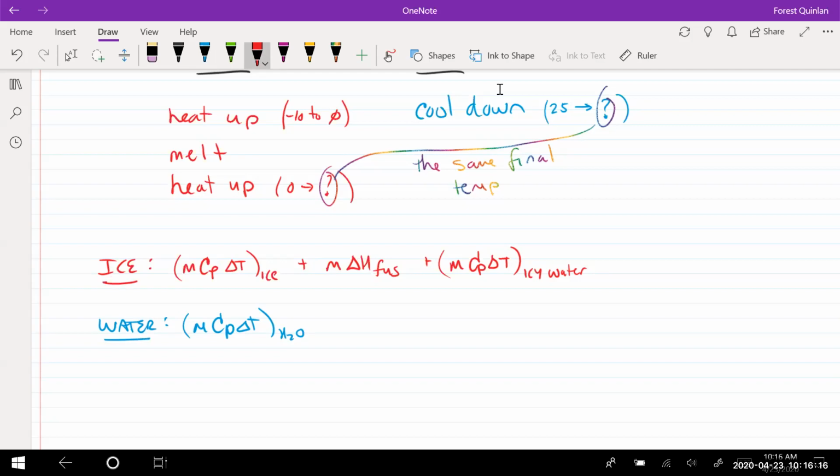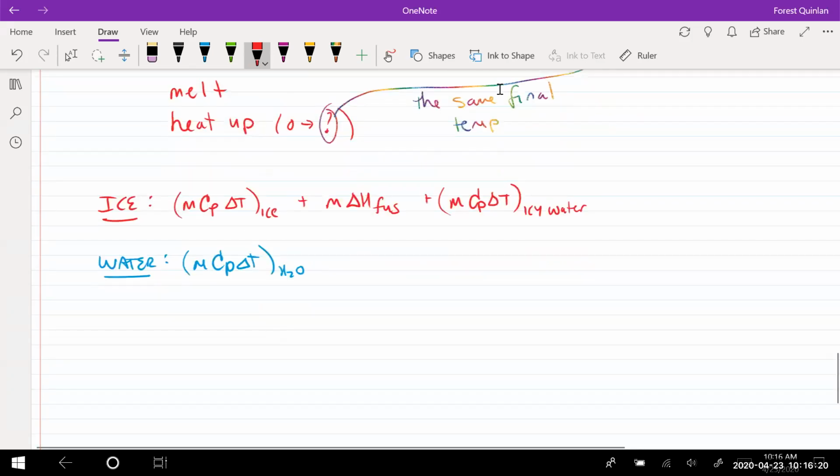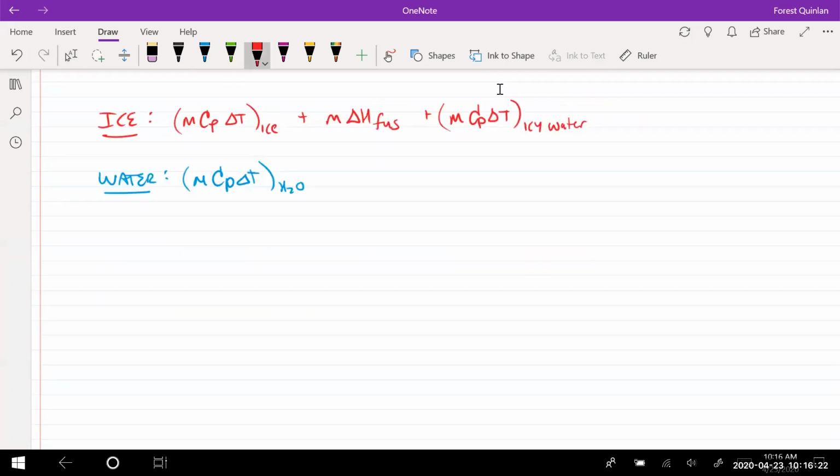Now, I've written them out separately because we know that one is going to give to the other. So the Q of the ice is equal to the Q of the water, the heat. My question is, which one of these is positive and which one is negative?